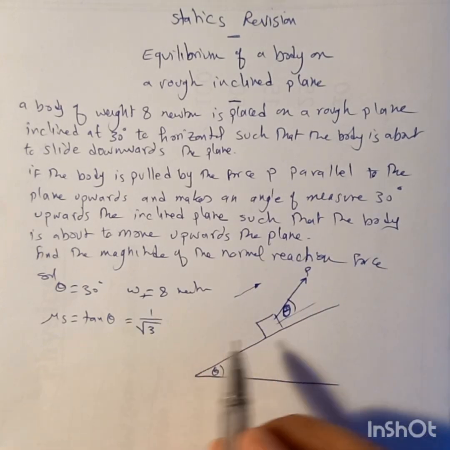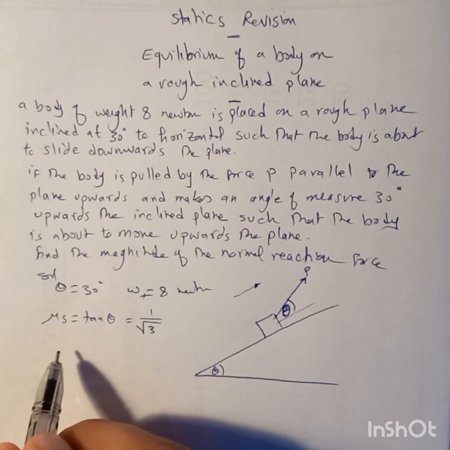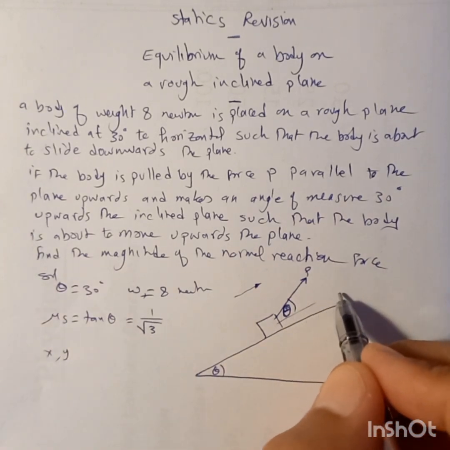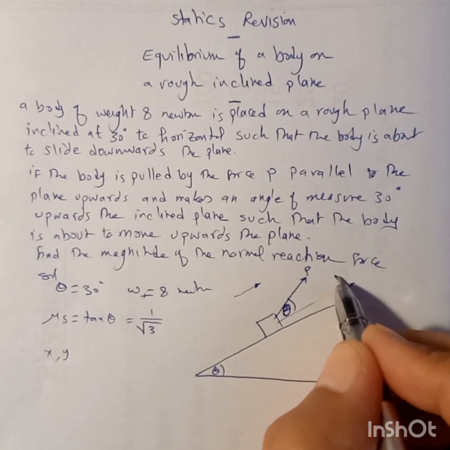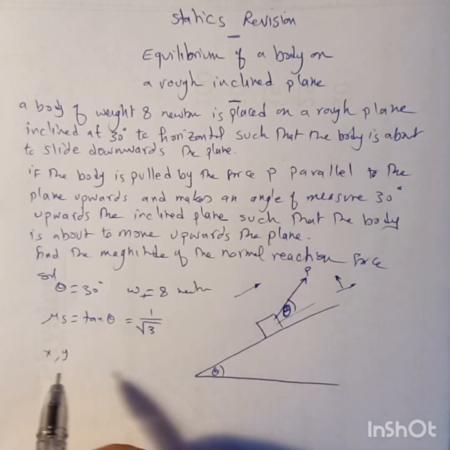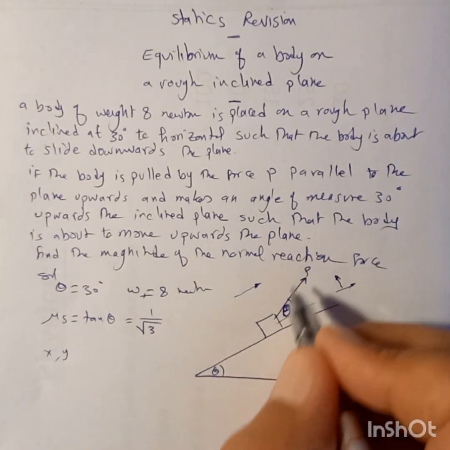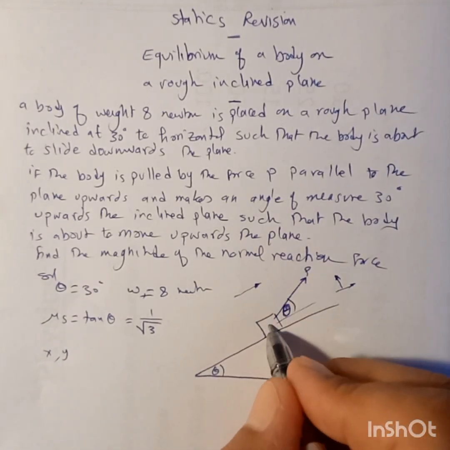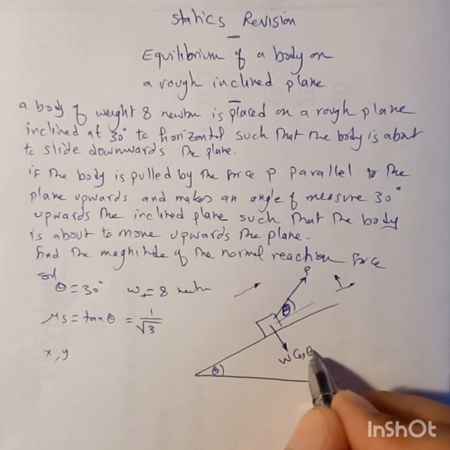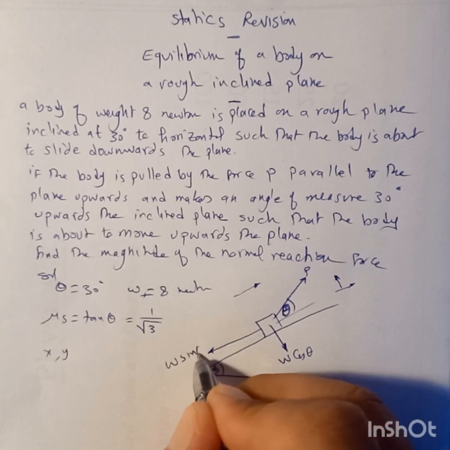Okay, for second case we have to apply the steps of solution. We have x and y, x in direction of this inclined plane and y in direction perpendicular to this direction. Second is the force acting upon this body, of course W, and here we have W cosine theta, and in this direction second component W sine theta.